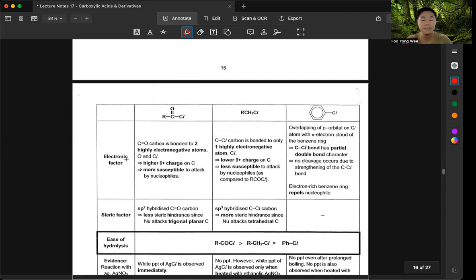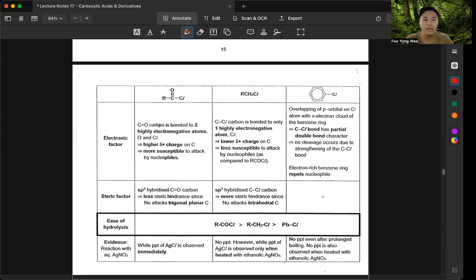The C double bond O carbon is bonded to two highly electronegative atoms, O and Cl. That makes your carbon highly positively charged, and hence it will be susceptible to attack by your nucleophile.